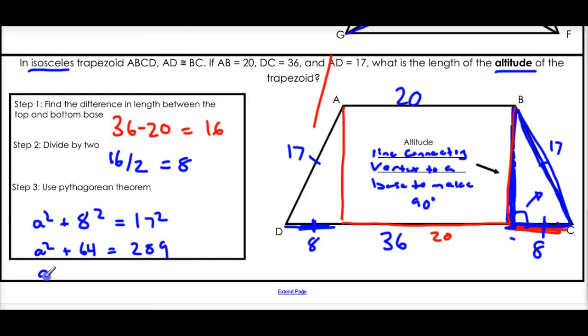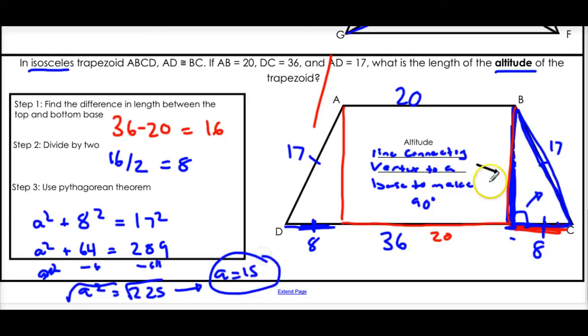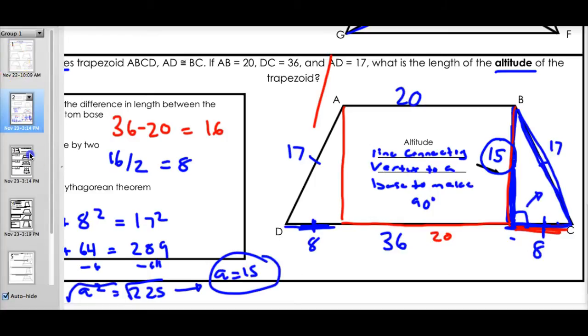All right, a squared equals, well, let's take away 64 from both sides. So we get a squared is equal to 225. I take the square root of both sides, and I get a is equal to 15. So that means that my altitude right here is 15. So once again, if you get yourself that right triangle, then you can get yourself that missing altitude. So just follow these steps and you'll be good to go when they're asking for the length of an altitude.